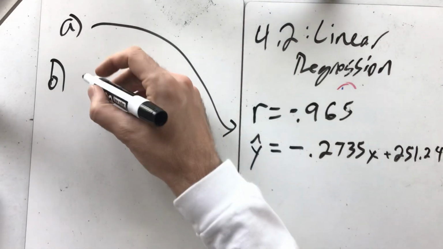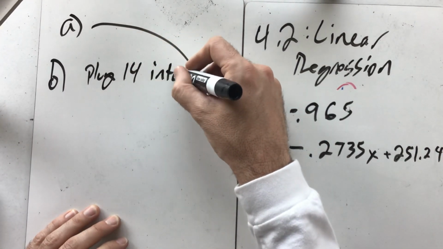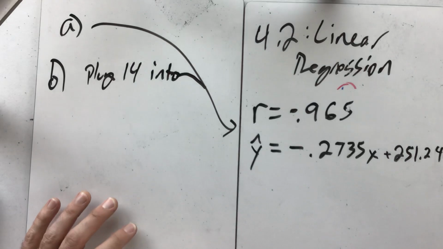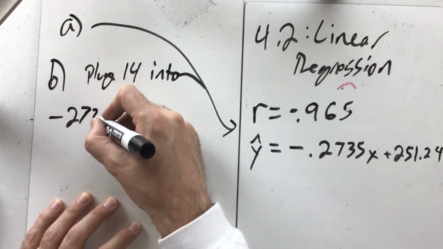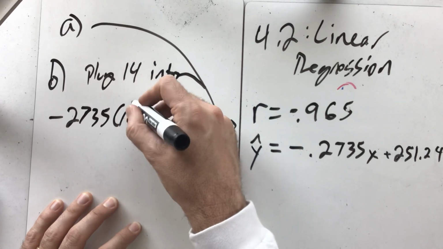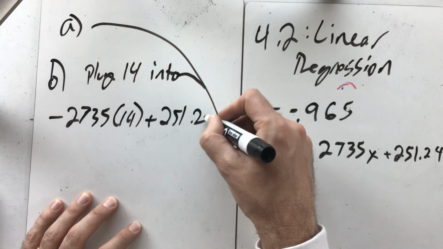And that means we just plug 14 into that equation. So I'm just going to go negative 0.2735 times 14 plus 251.24.